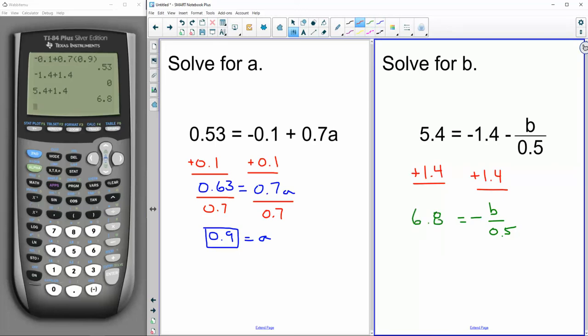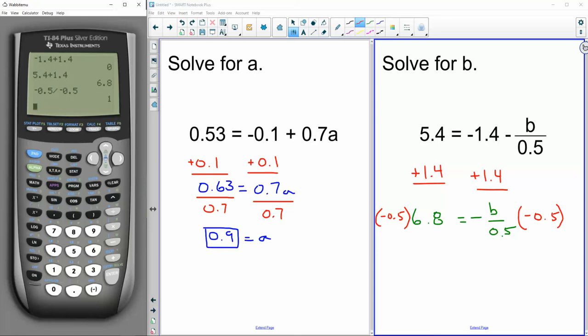Now I see that b is being divided by negative 0.5. So to undo that, I'm going to multiply by negative 0.5. I'll do the same thing over here. I know that negative 0.5 divided by negative 0.5 is 1, and 1 times b is b.